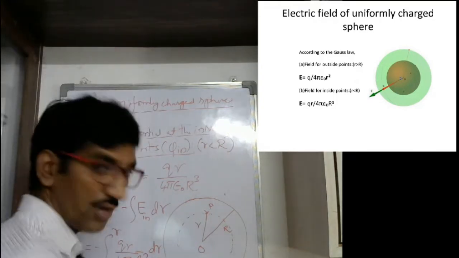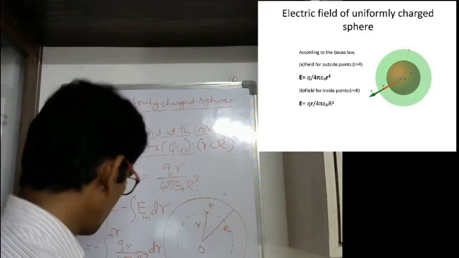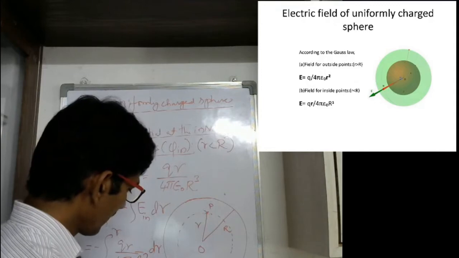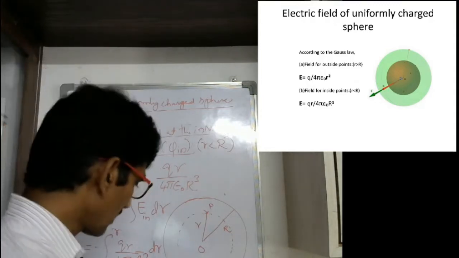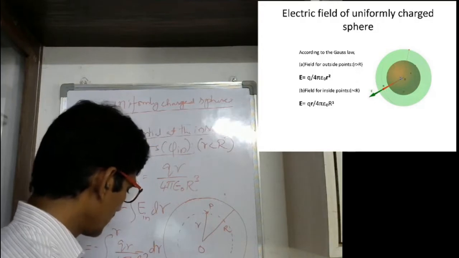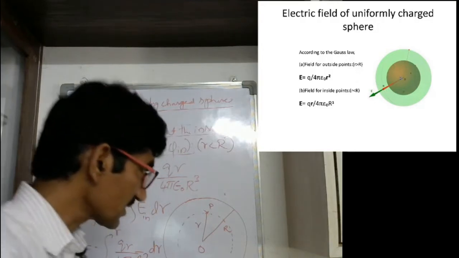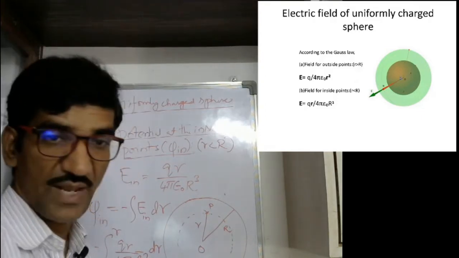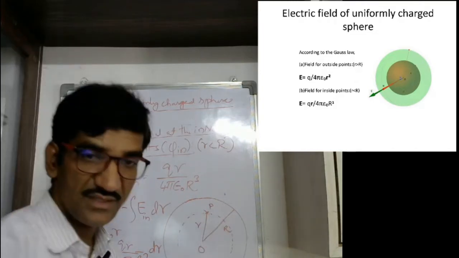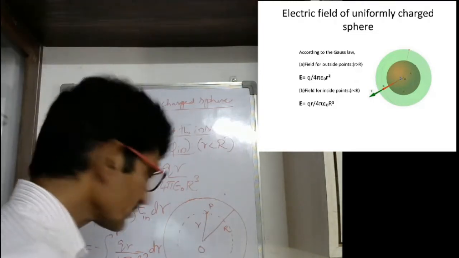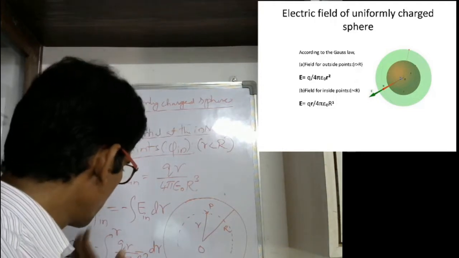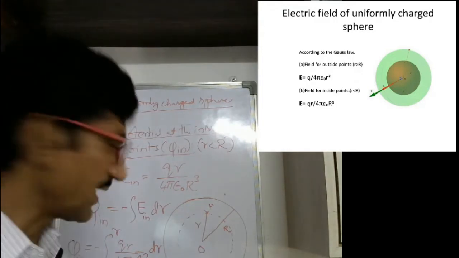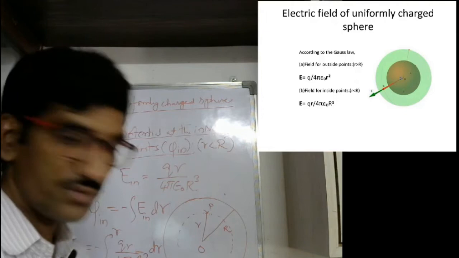E out is Q by 4 pi epsilon naught R square, simply Coulomb's law, dr. Because for the outside points, according to Gauss law, the field is Q by 4 pi epsilon naught r square, since the charge is filled inside this sphere. The sum of these two terms will give you the potential at the point P. This you have to note.